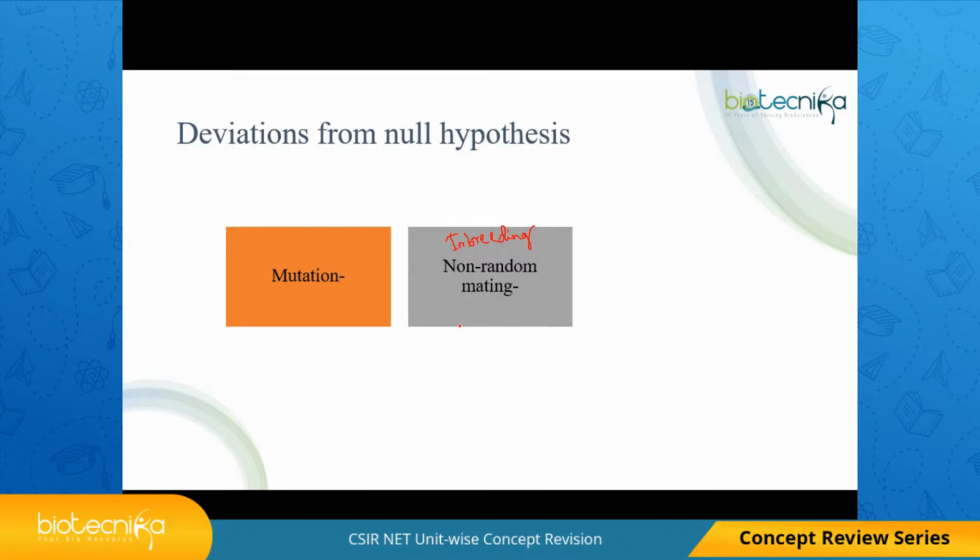Now, the magnitude of inbreeding is depicted as F, and it is calculated as F equals 1 minus observed heterozygosity divided by expected heterozygosity. So this is equal to 1 minus observed heterozygosity, what you are calculating, divided by expected, which is 2pq. Fine.